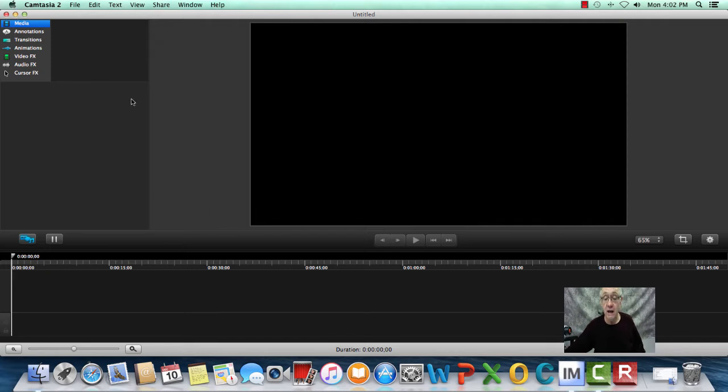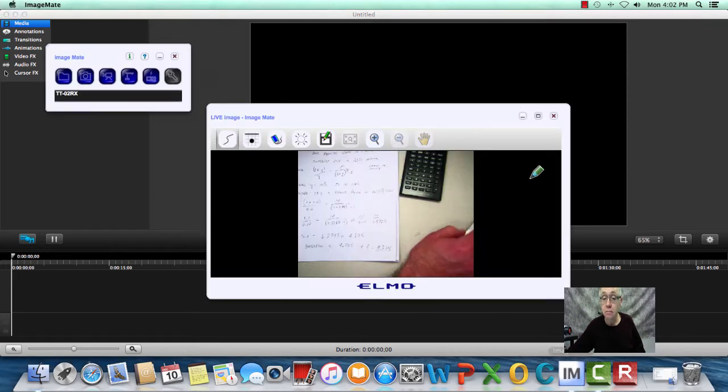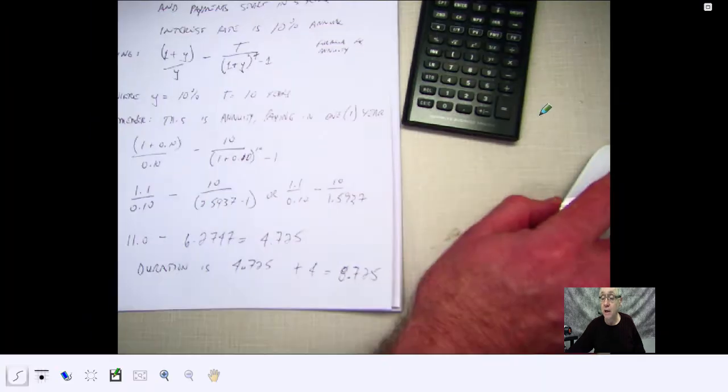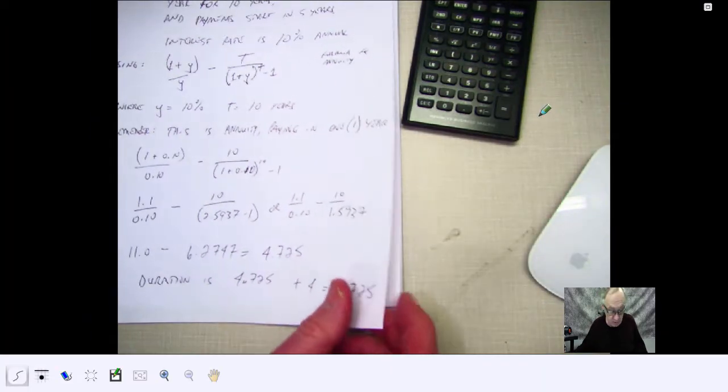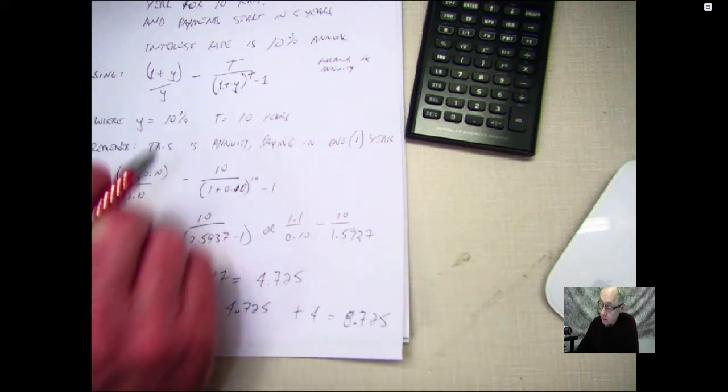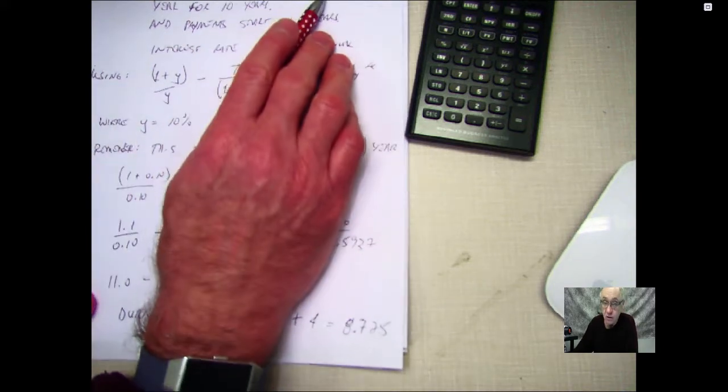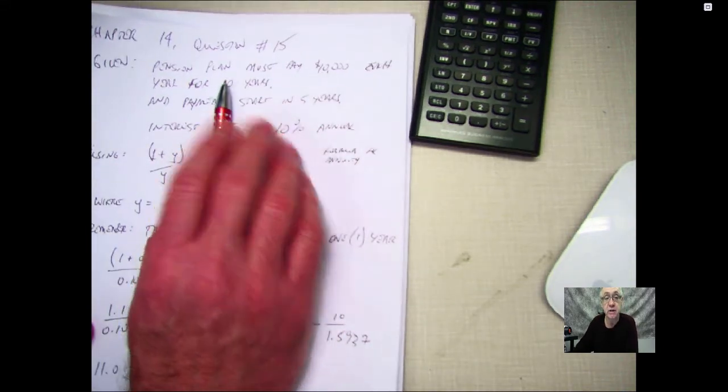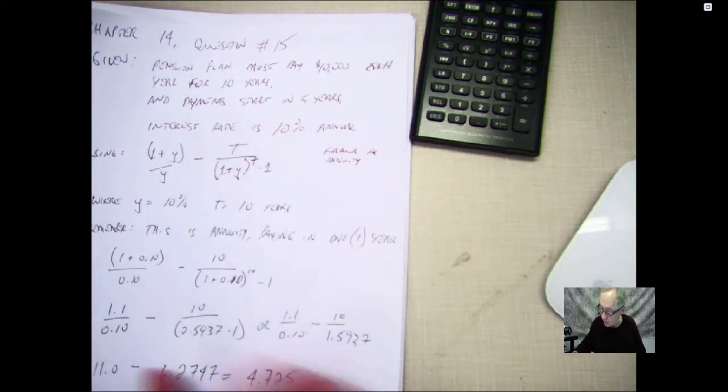And we were looking at our annuity calculations for the pension fund to have $10,000 to pay out each year for 10 years, commencing in 5 years.